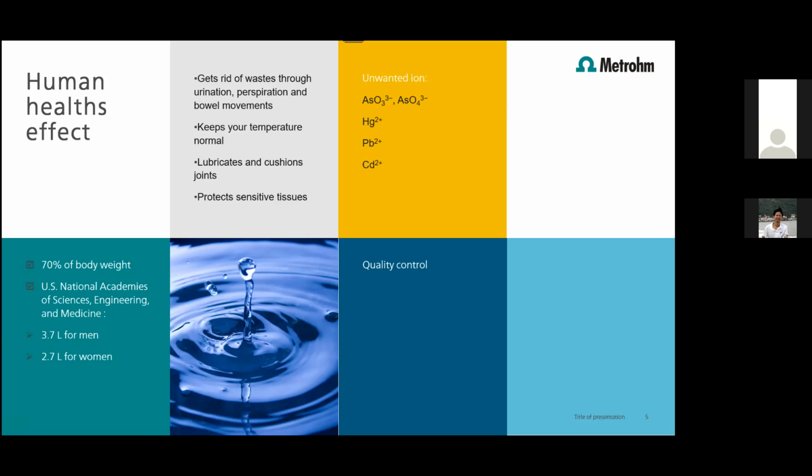The second, because water has a high heat capacity, it can keep your body temperature normal. The next one, because water has enough viscosity, it lubricates and cushions your joints.